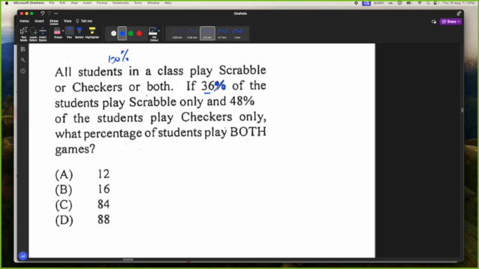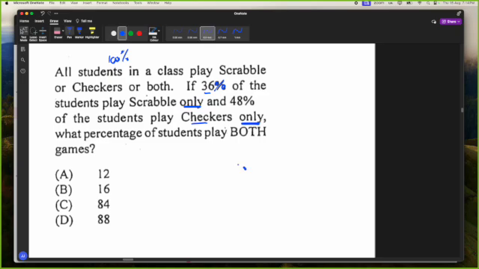All the students would be 100%. If 36% of the students play Scrabble only, and 48% of the students play checkers only, what percentage of the students play both?